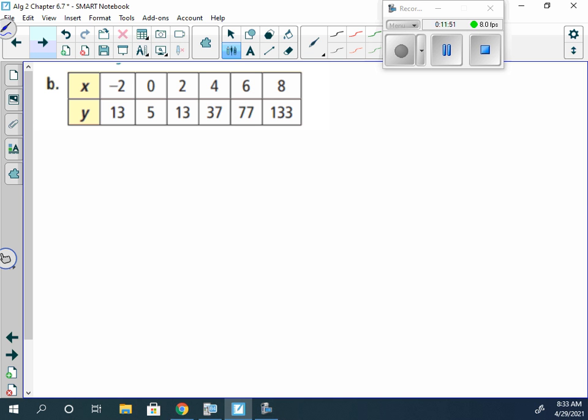They wouldn't curve down and then up. And if we look at this, new over old, 5 over 13 is 5/13, so that's as simplified as it gets. The next one would be 13 over 5. Are these the same? No. So this does not have a common ratio. It doesn't have a common rate from one number to the next, which means that this is not exponential.